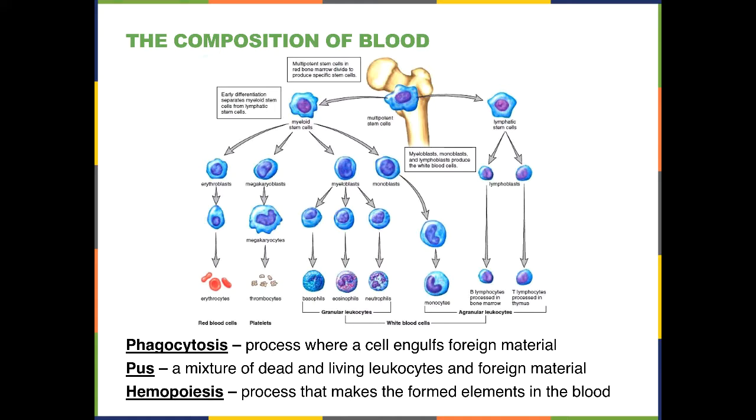Then they further differentiate, and once it goes into this next level, which is erythroblast, megakaryoblast, or myeloblast, then it's committed to one of those three cell lines. And ultimately it will become a red blood cell, a white blood cell, or a platelet.